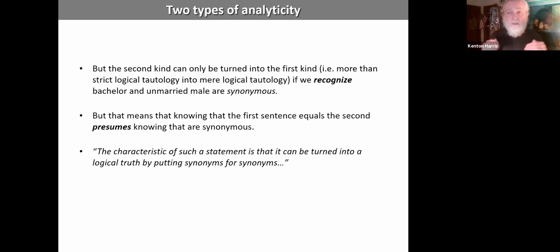So I only realize that the two sentences are equally logically necessary if I already realize that the terms are synonymous. But that means I can't use that as my test of synonymy, because, as I say, I have to know they're synonymous to know that it passes the test.